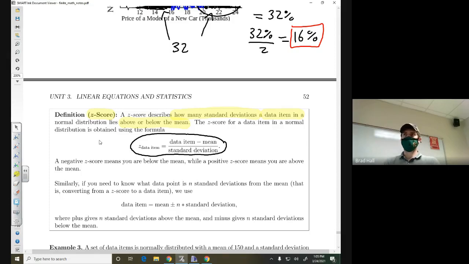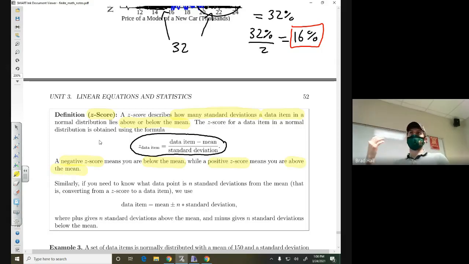And z-scores are very helpful. Again, we do talk a lot about z-scores in statistics. They're a very important idea. A negative z-score means you're below the mean, so exactly what it means is that this object represents a value below the mean. Positive z-score, above the mean.